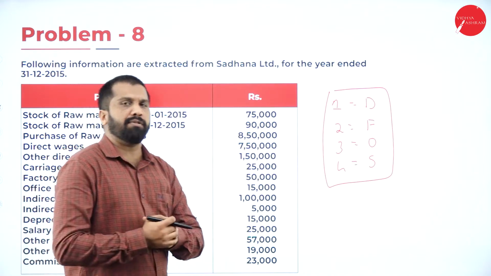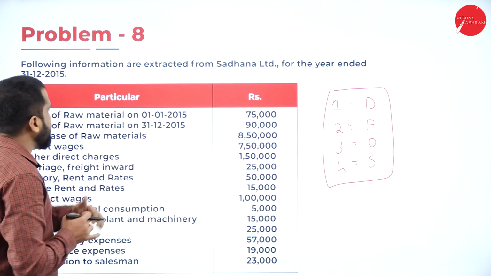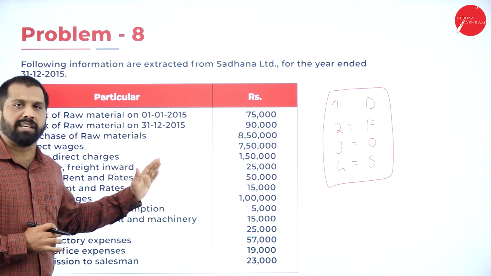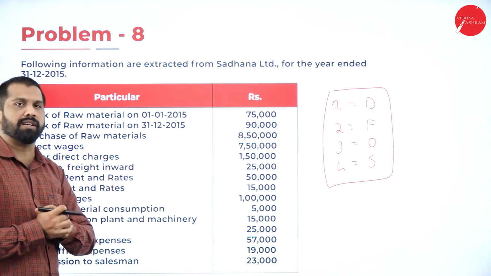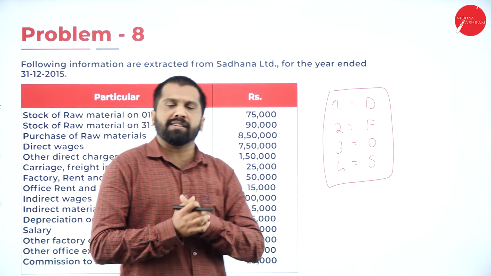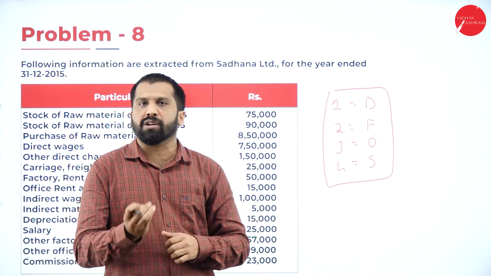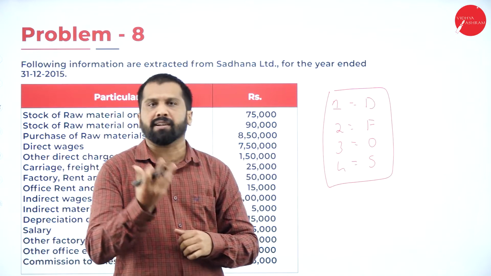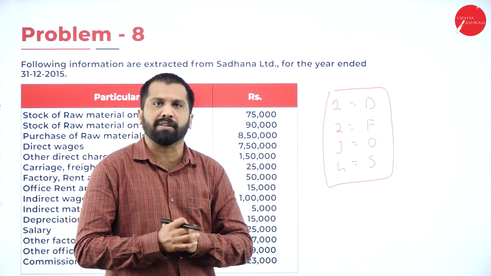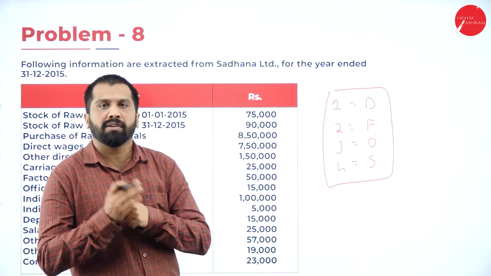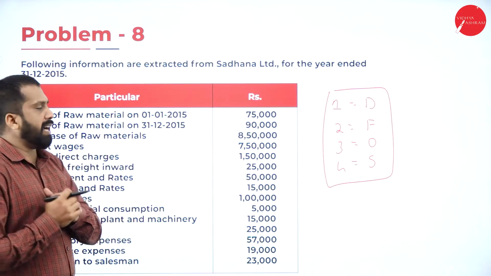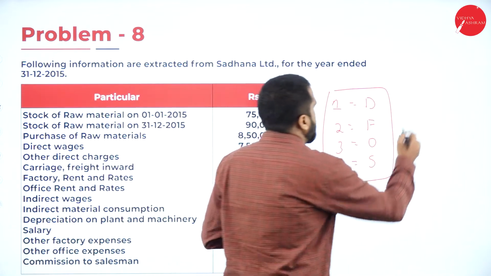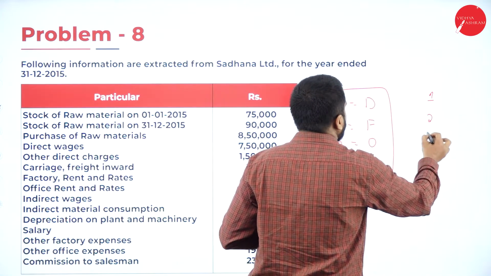Now, I'll give you a brief idea of what raw material, work in progress, and finished goods are. Very simple: you are a manufacturer of, let's take a simple example, leather shoes. The manufacturing process has step 1, step 2, step 3.